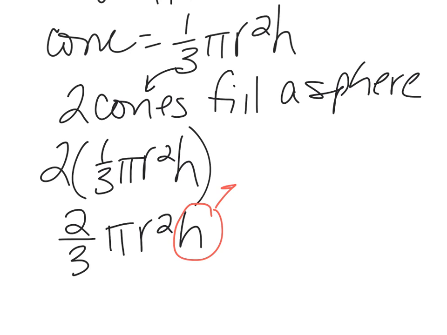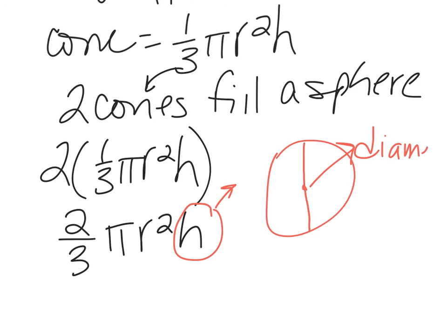But the height, if I think about a sphere, don't judge my circle, and I think about how high it is, the height of it, I'm like, oh, look, I went all the way across the circle through the middle. That means the height is the diameter. Well, how do I find the diameter?